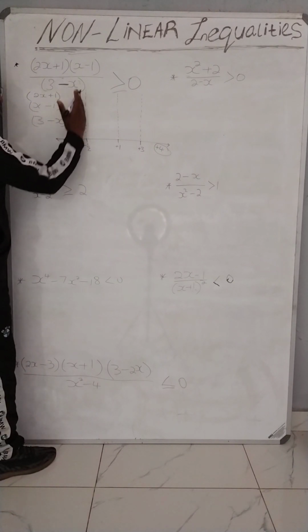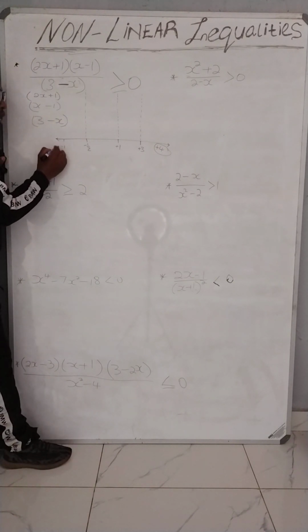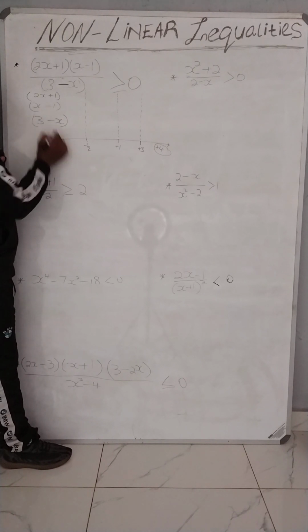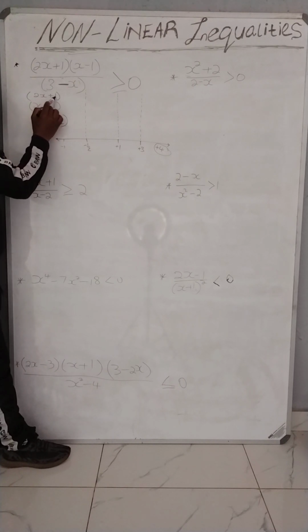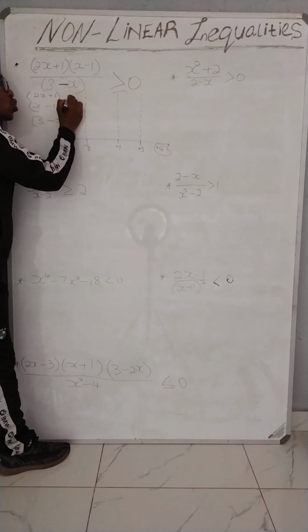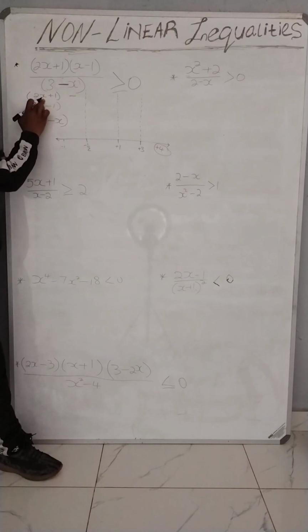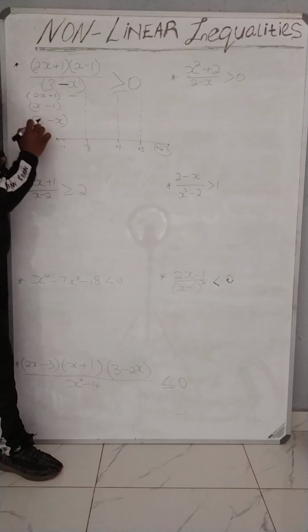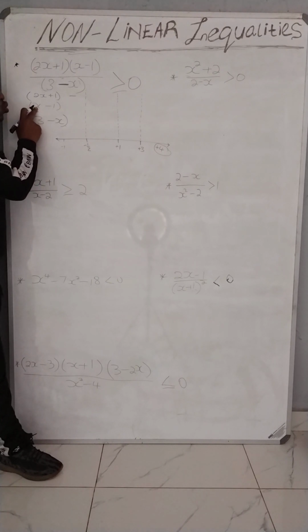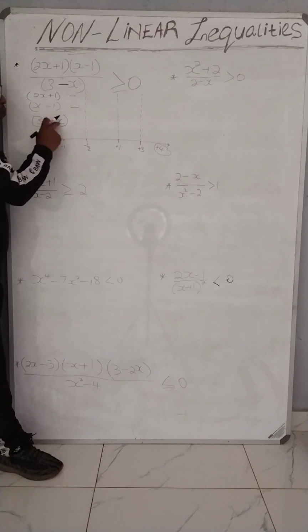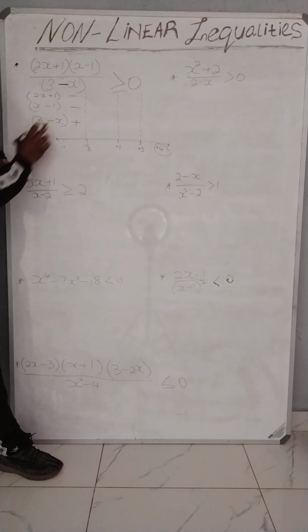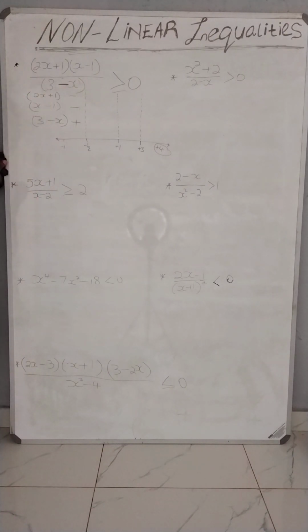So on this side, if your x is -1, what happens to this expression? -1 times 2 is -2. -2 plus 1 is -1. So this factor becomes negative. If you put -1 here, -1 minus 1 becomes -2. This factor is negative. If you put -1 here, 3 minus 1 becomes positive. This factor is positive on this side.